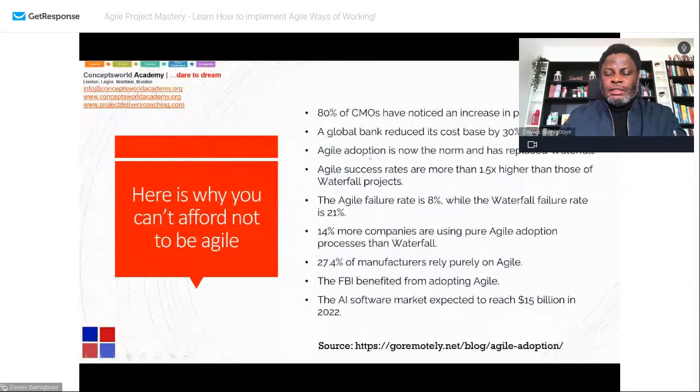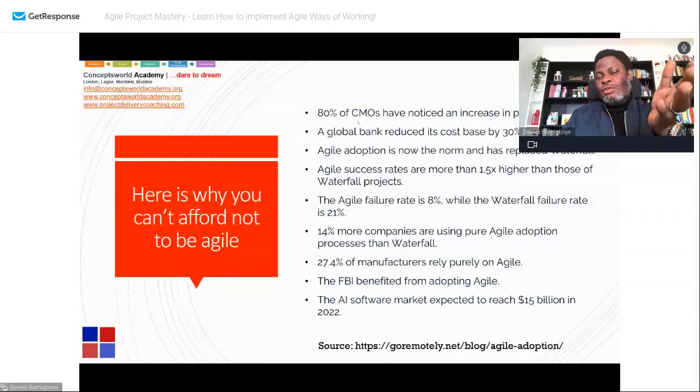Now, the other one is 80% of chief marketing officers have noticed an increase in productivity. So I shared with you earlier that some companies are using Agile for marketing. Here we see 80% of CMOs noticed an increase in productivity when they started to adopt Agile. As a matter of fact, in 2019 to 20, I was working for an insurance startup company, and I was hired as head of transformation, so I brought in transformation ways of working.